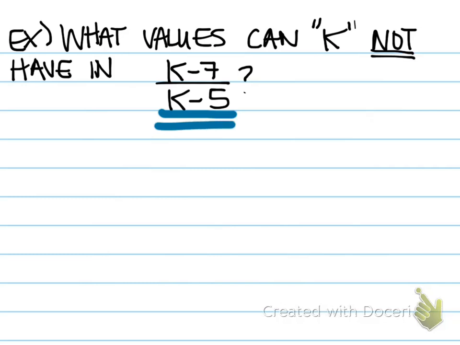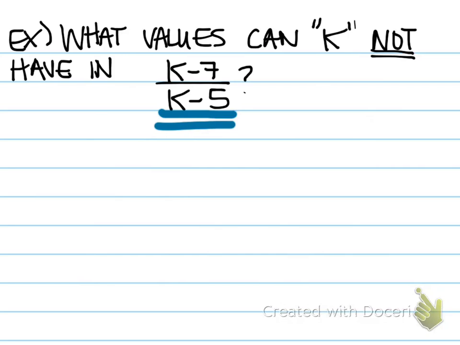So two ways to think about this. In your head, just think, what can k not be? So, in other words, what can k be to avoid getting 0 as our denominator? Okay, so think about it. Figure out what can k not be so that we don't have 0 in our denominator.